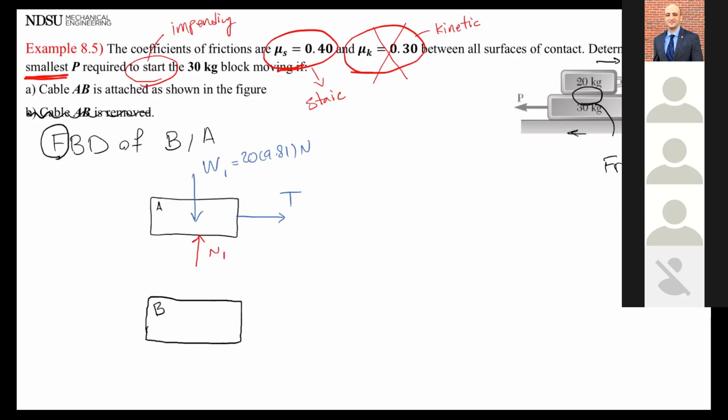Friction from B moving. I'm going to draw it like this, tangent. Now we get to the big question here. Does it go to 1 or does it go to 2? It'd go to 2 since it's trying to move to the right. Okay.